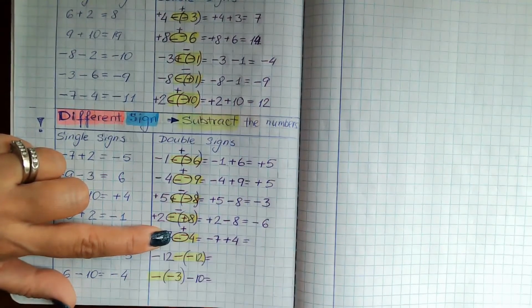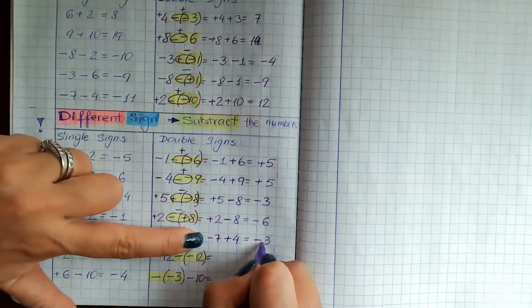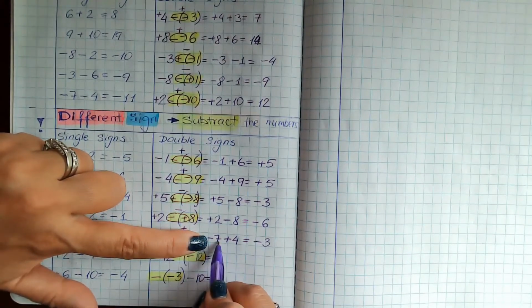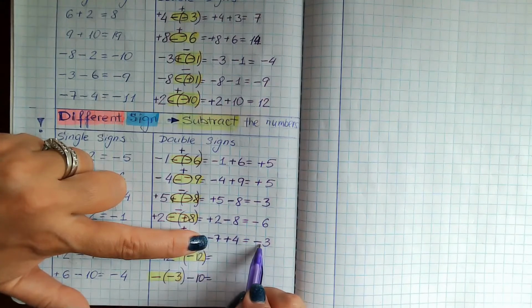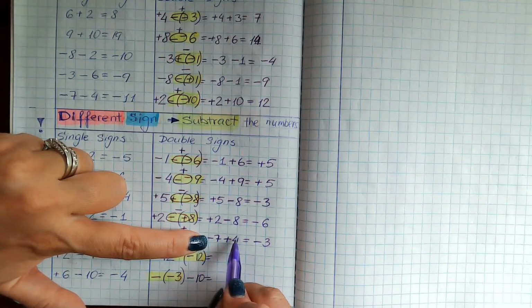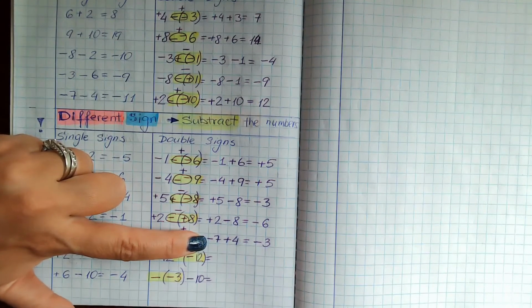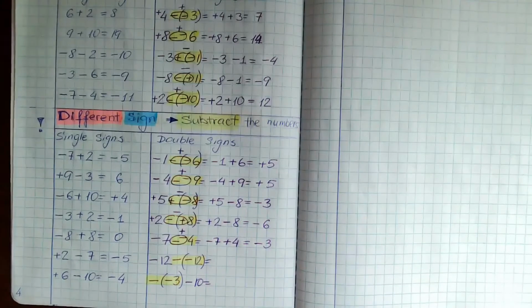Plus 4. Negative 7 plus 4 is negative 3. Why negative 3? Because 7 is bigger and it has a negative in front. And then if I cancel out 4 from 7, which means subtract, that's a 3. So negative 3.